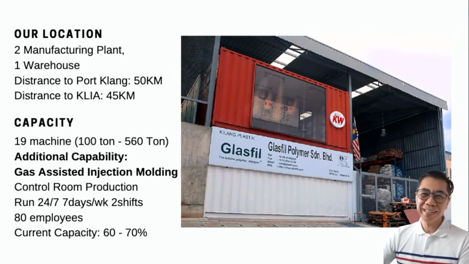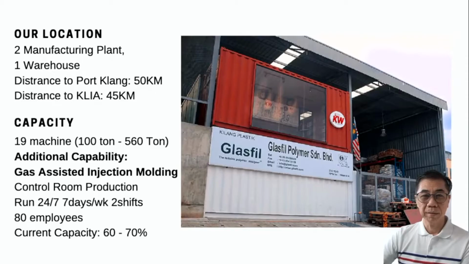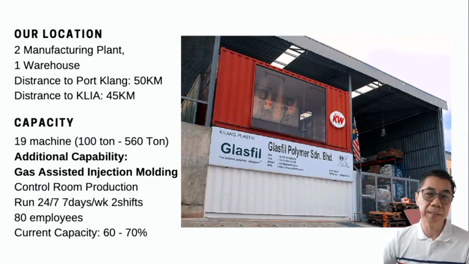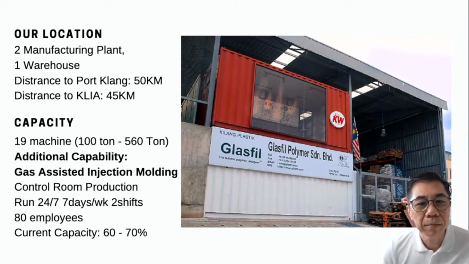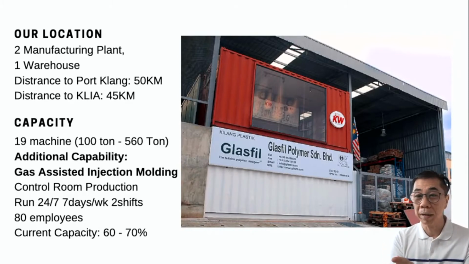Capacity, 19 machines. This one is important, because they want to know your capacity, the tonnage. My suggestion is that this information shouldn't be in the same slide where you talk about location.